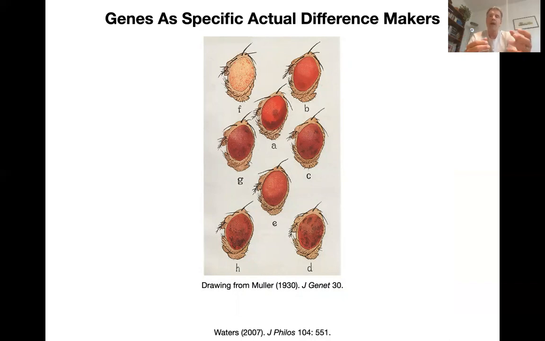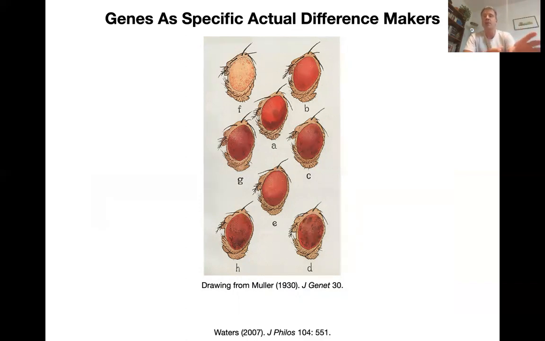So the factor that actually varies in these populations and is specifically responsible for causing the different eye colors, those factors are different genes that Morgan and colleagues could identify and thereby founded classical genetics.